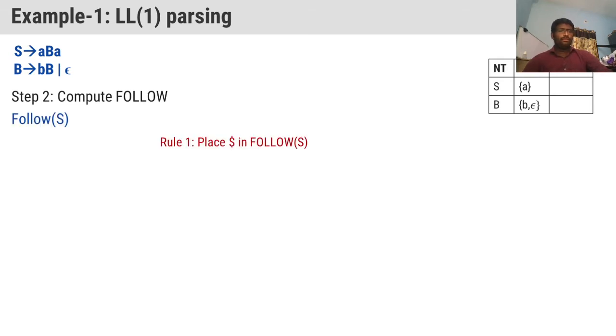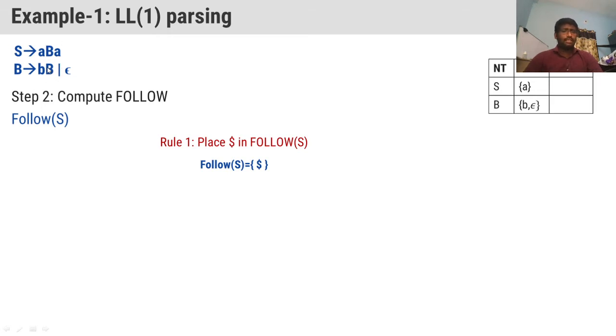Since S is the start symbol, as I told you, we will simply write follow of S equal to $. Why? Because S is not present in any of the right hand side productions.